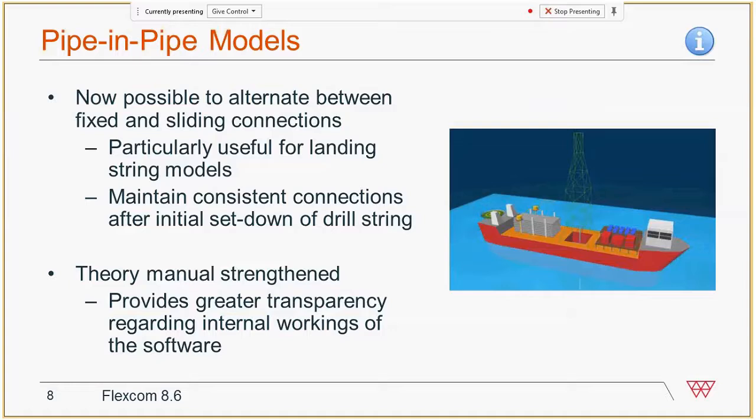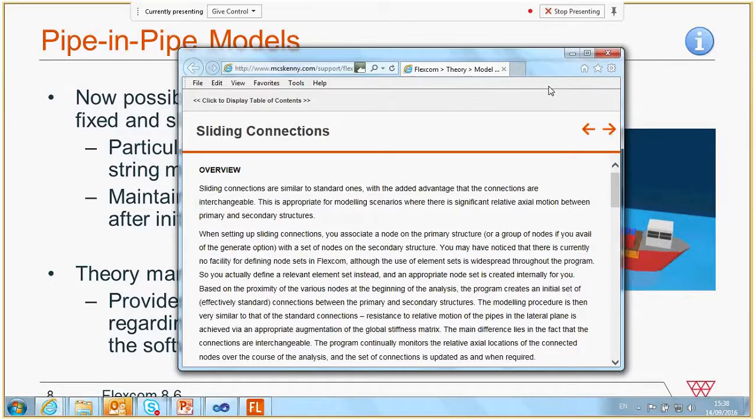So there's a lot of realignment in the initial static analysis. But once the initial static is over and you go into dynamics, then there's very, very little change in the axial degree of freedom. So now with Flexcom, you can switch from sliding connections back to standard connections by just changing one keyword. The keyword is called star no pipe and pipe sliding. It's very simple, easy to use.